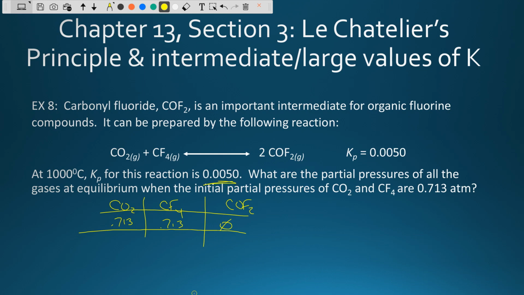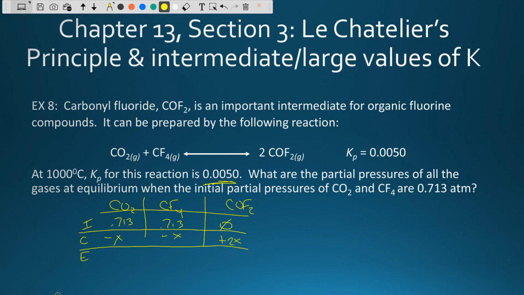That means that I'm not going to get much product out of this, and I can plug values in and see the starting pressure and initial ending pressure of this are pretty straightforward. So my initial is going to be here. My change is going to favor the product, so I'm going to be getting a negative x value, and I'm going to be gaining 2x. This looks pretty similar to what we've been doing before.